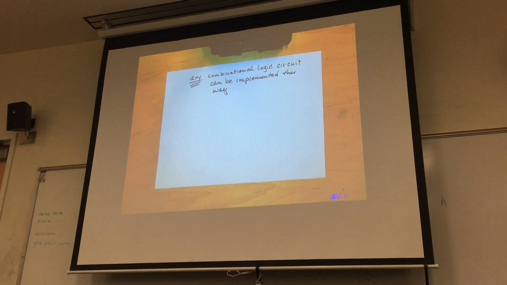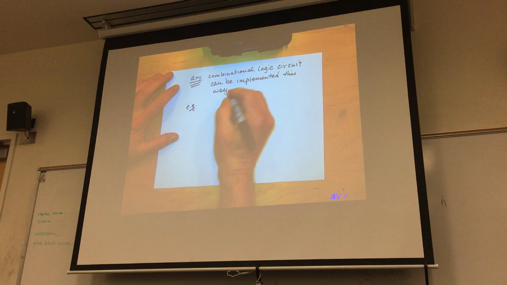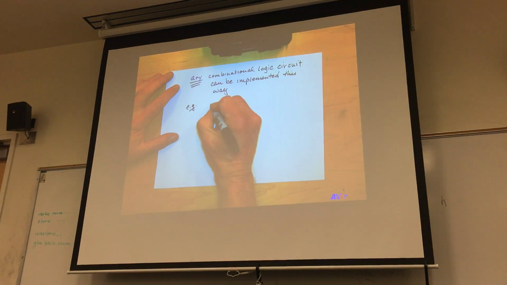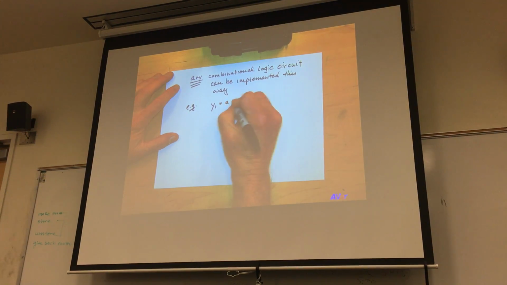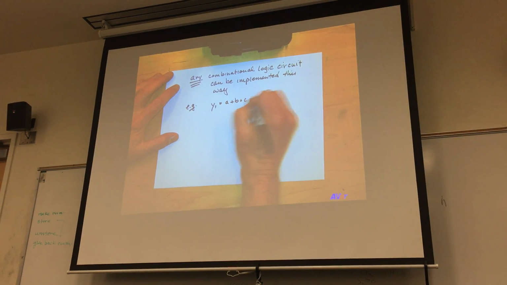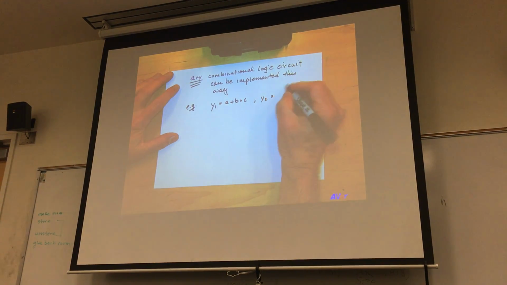As another example, let's suppose I want y1 to equal A or B or C, and I want y2 to be equal to A exclusive or C. So I have three inputs.